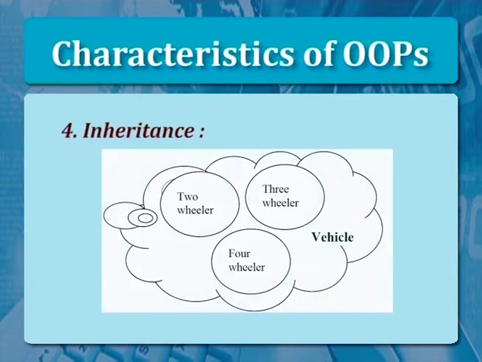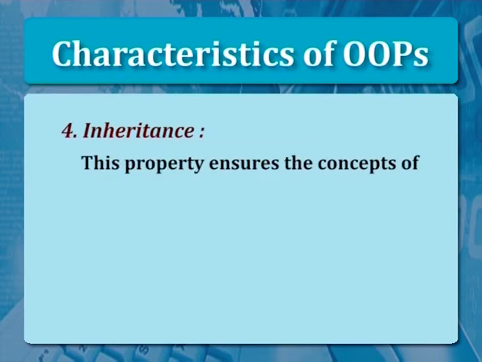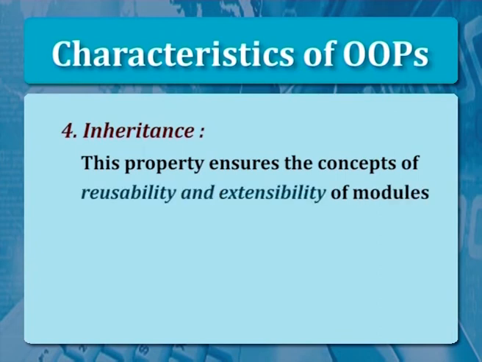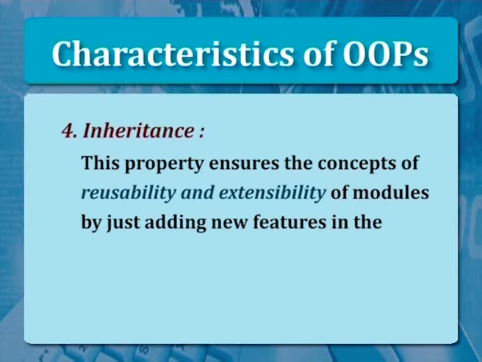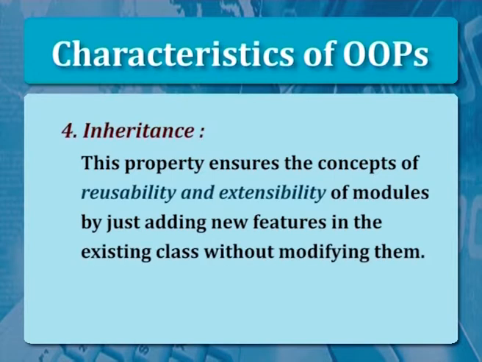For example, two-wheeler, three-wheeler, four-wheeler can be different objects which acquire the property of class vehicle. This property ensures the concepts of reusability and extensibility of modules by just adding new features in the existing class without modifying them.